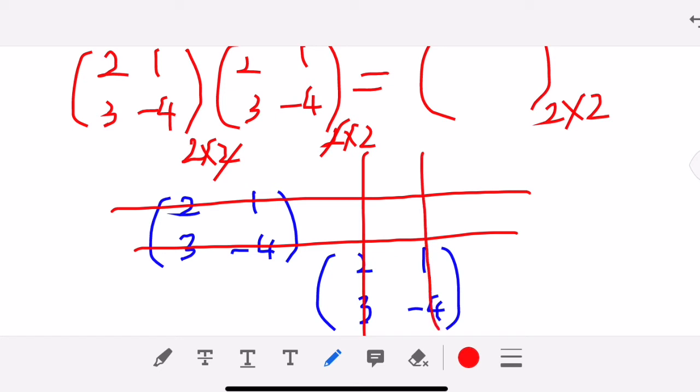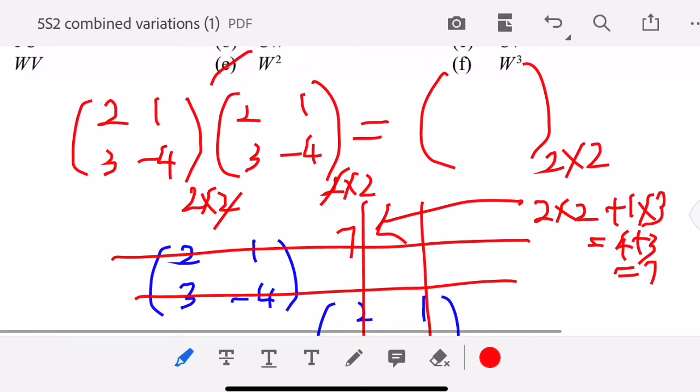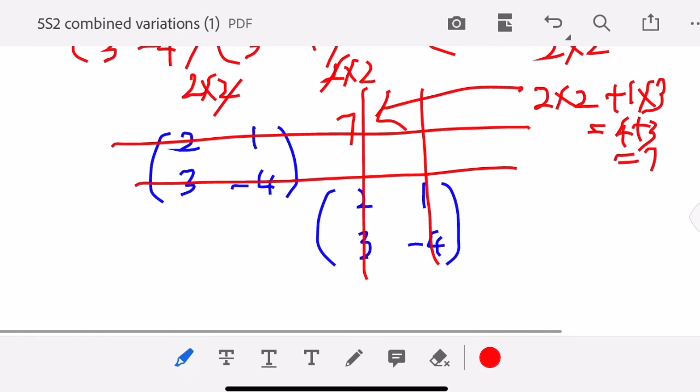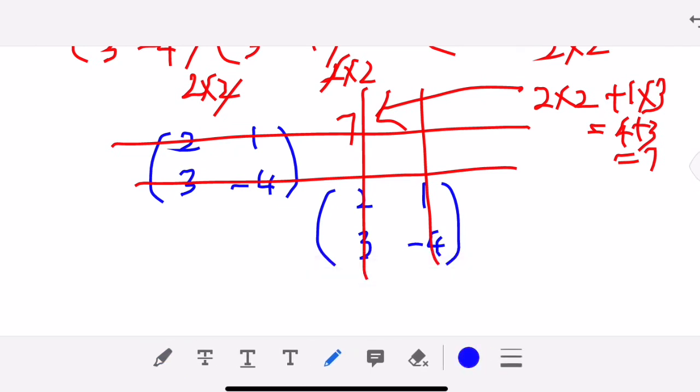Then we will work out for this one: 2 times 2, plus 1 times 3. So we have 4 plus 3, which is 7. So we can write down 7 here. Finally we solve one. Then let's do another one. We have to do carefully. We want to do this one.